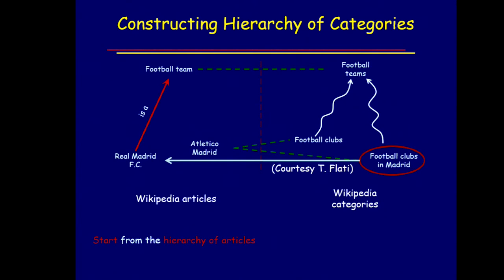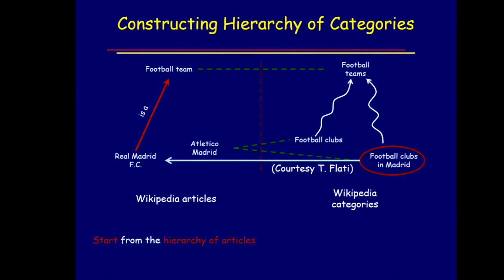Given the fact that football clubs in Madrid on the right is connected to Real Madrid FC, it's just the parent category of the article on the left. And then given the fact that at the top, football teams on the right, the category, is connected in Wikipedia to football team, the article on the left.